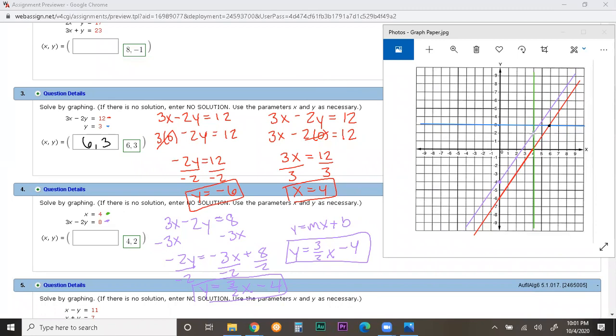I want to put a black dot there. They intersect here. So because we have a point of intersection, that means we have a definite solution. That is an ordered pair. And that ordered pair is 4, 2. So that is what you would type in for this particular problem.